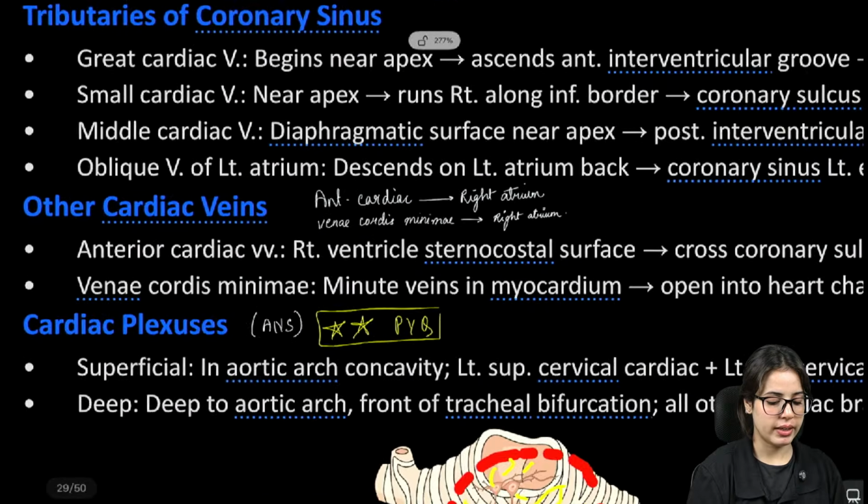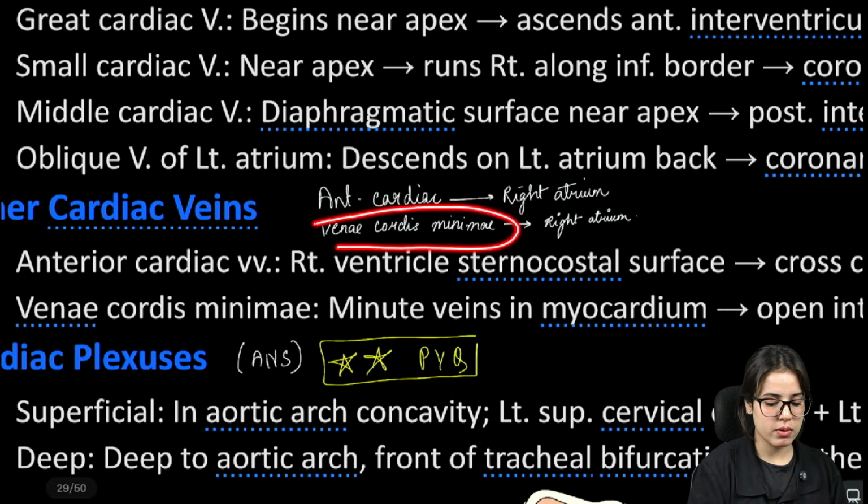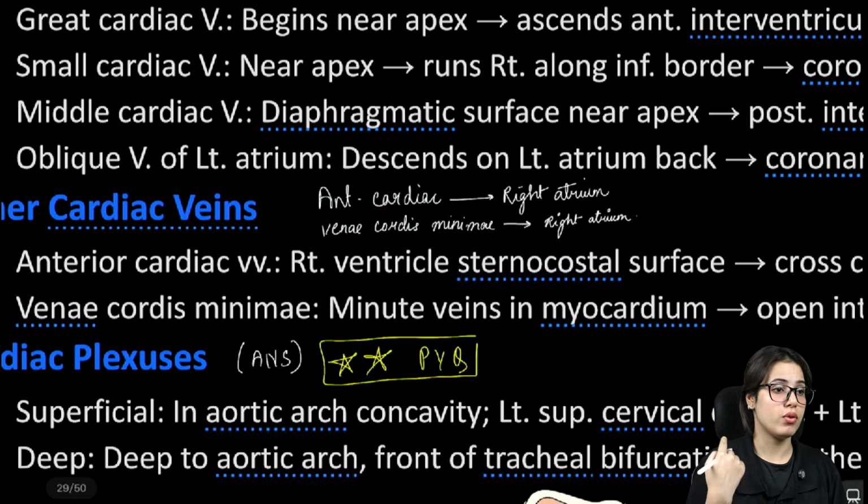Then other cardiac veins. Simple, you just need to remember that the anterior cardiac vein drains into the right atrium, and venae cordis minimae also the right atrium. Now this is a glitch in our curriculum notes, that venae cordis minimae was given as the left atrium. Look here.